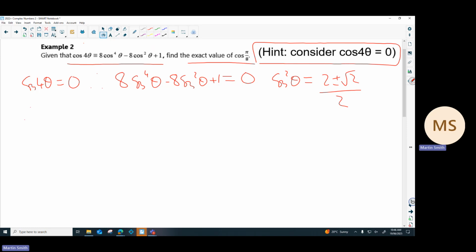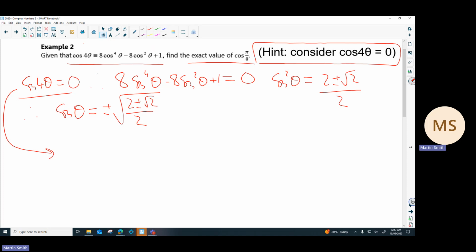So consequently, that means that cos theta is equal to plus or minus the square root of 2 plus or minus root 2 over 4. So whatever the values of theta are, the value of cos theta for any angle which satisfies that equation must be this. Okay, I'm now going to solve this equation in another way because it's not a complicated trig equation.